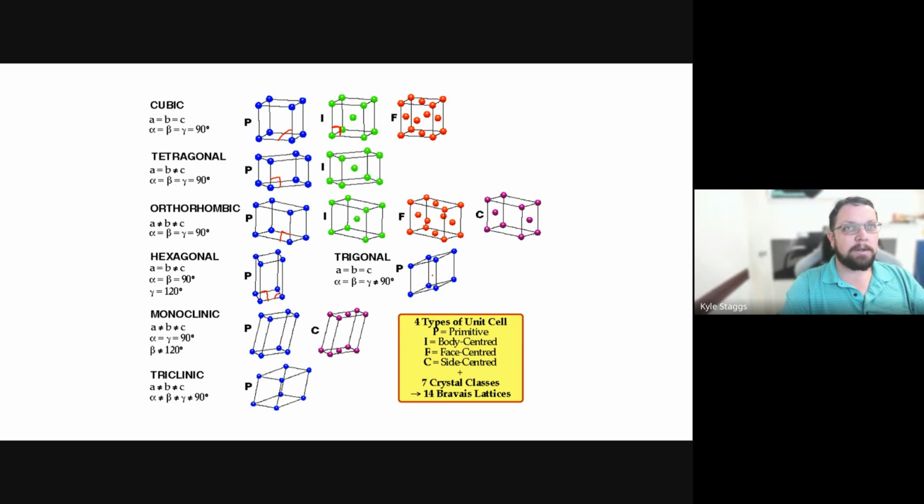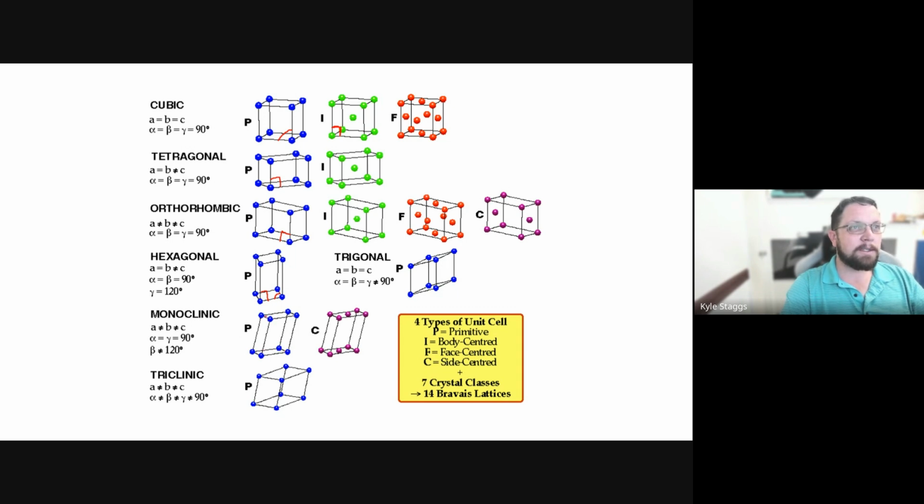Trigonal is a little bit different. It's at a slight angle. And this is when you start getting into especially things like monoclinic and triclinic, there can be a tendency to think, well, gee, all this nonsense looks the same. Like, what are you talking about? I don't understand.